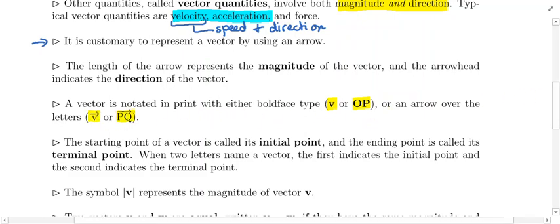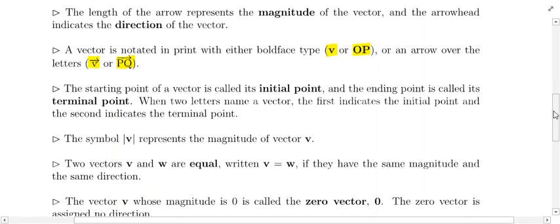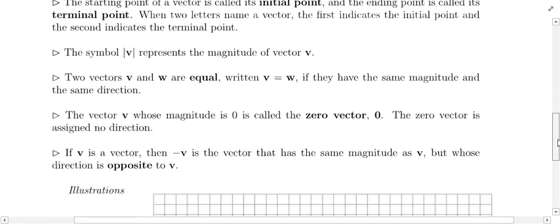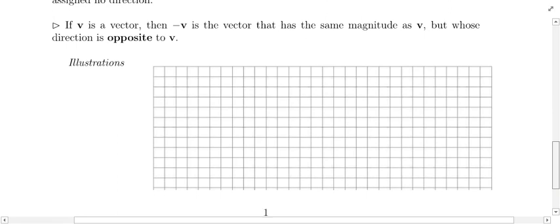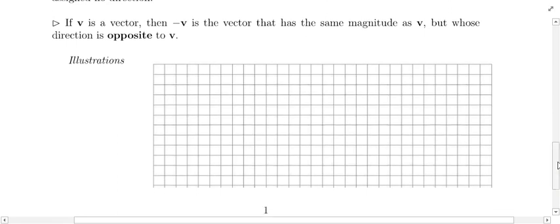The starting point of a vector is called its initial point, and the ending point is called its terminal point. When two letters name a vector, the first indicates the initial point, and the second indicates the terminal point. Below these definitions, there's a little grid for me to draw on.